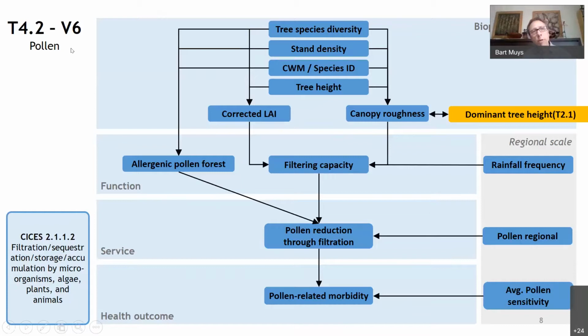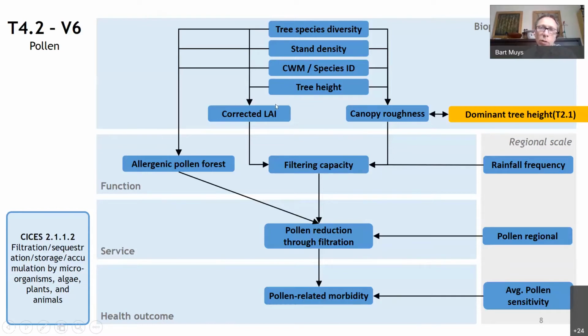So the pollen model that we created, the theoretical model, is in fact the same as for the particulate matter, with the difference that, of course, there's also a disservice. Mixed forest or green elements can have a certain probability of presence of allergenic species, which of course will create a negative health outcome.